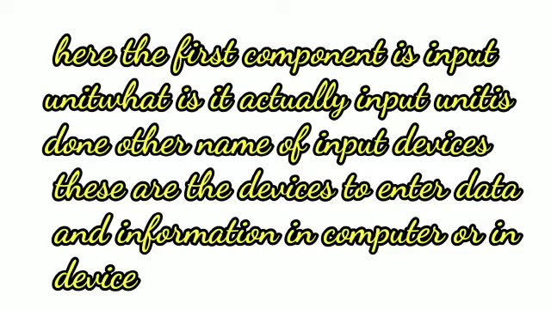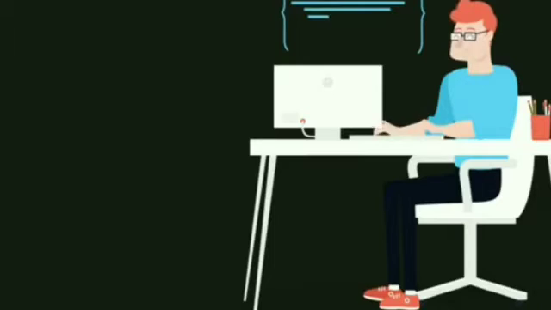What is it? Actually, input units are another name for input devices. These are the devices used to enter data and information into our computer or device. These devices are very important for sending in data, because without them data couldn't be entered.